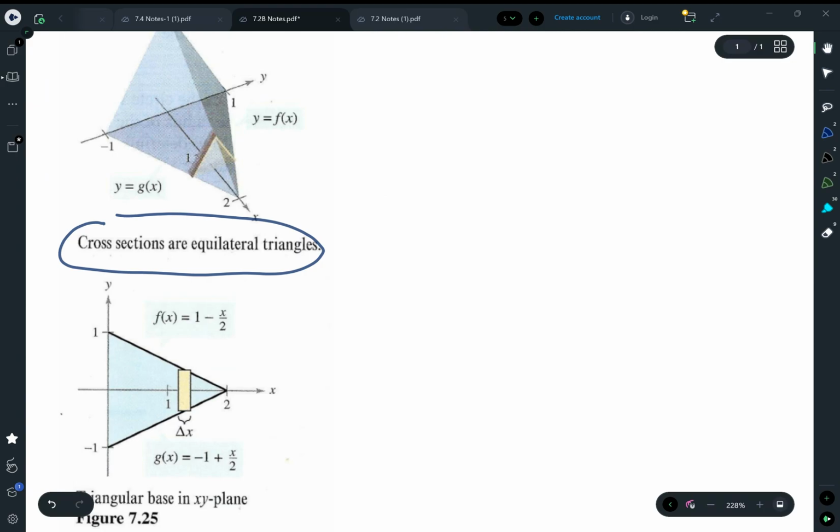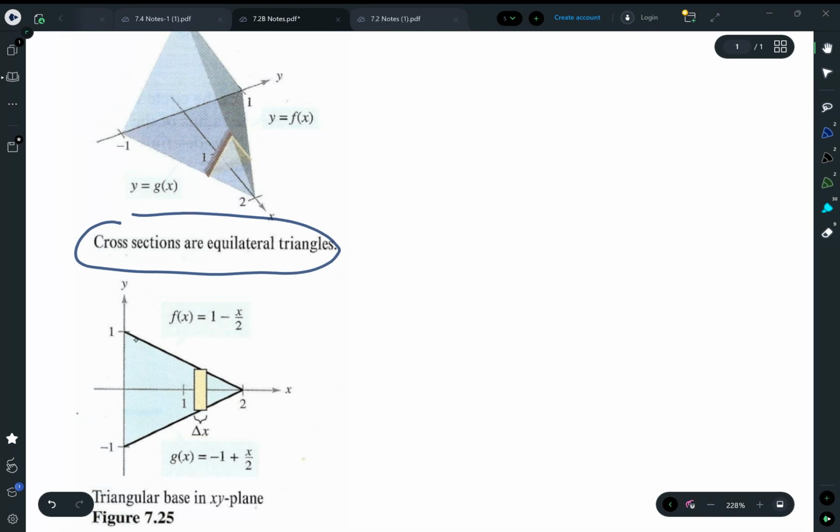If I go down below, this is what it would look like on my y and x-axis. So here's my y-axis, here's my x-axis, and I've got this little shape that's like a triangle flat on my page. One of those lines is formed from the negative 1 plus x over 2. The other line is formed from the 1 minus x over 2, and coming up out of this shape are a bunch of triangles.